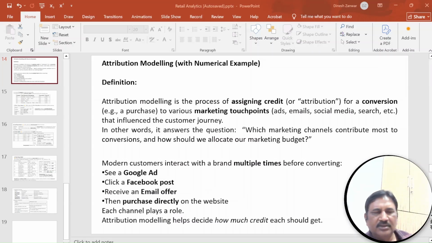Direct conversion often depends on earlier channels, right? Don't cut awareness campaigns based only on last touch reports. Use multiple models to triangulate true influence. Combine insights before budget reallocation.